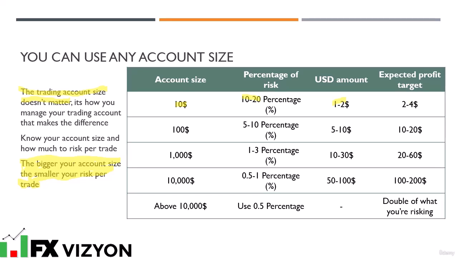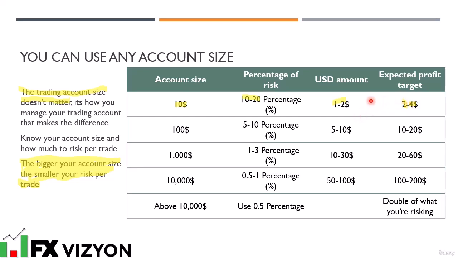Why? Why should it be like that? Because for each percentage of your account you risk, you should be making at least double the amount. That's when it makes sense. If you are risking $1, you should be making $2.